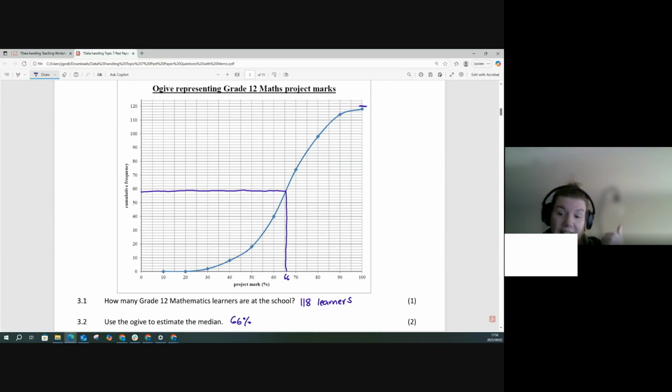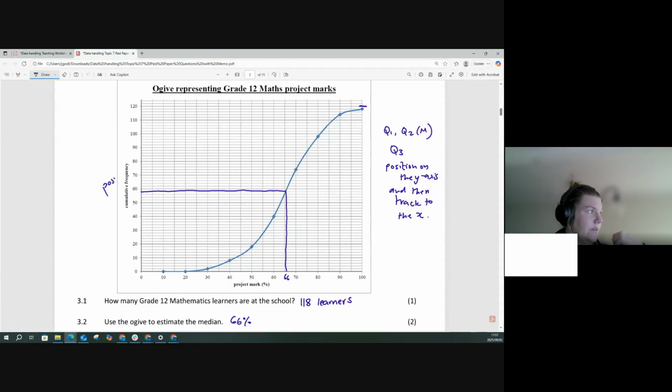No, for medians, quartiles, for quartile 1, quartile 2, which is your median, or quartile 3, you look for the position on the y-axis and then track to the x. So always find our position on this dude and then track down to here.